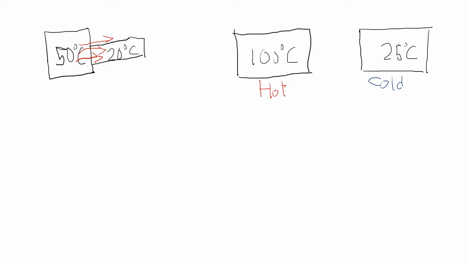Now, let's use the process of conduction. In order for us to have conduction, we need to put the two objects in contact. Therefore, we're going to have them in contact, and this will happen.